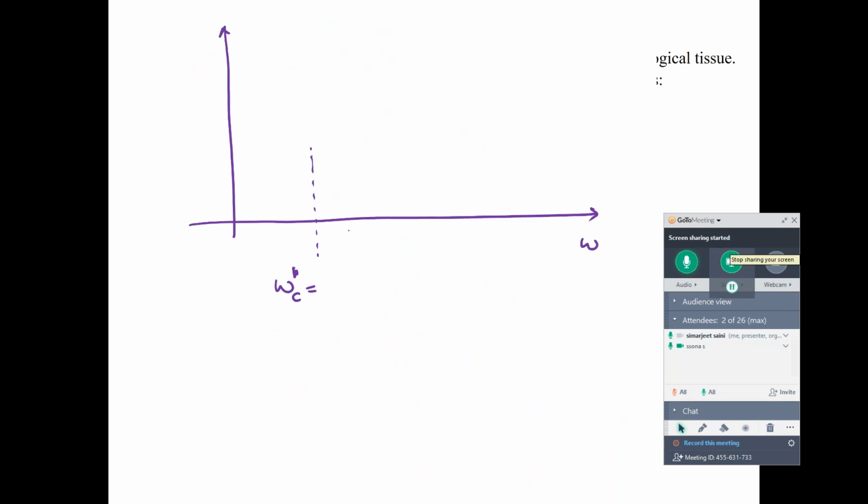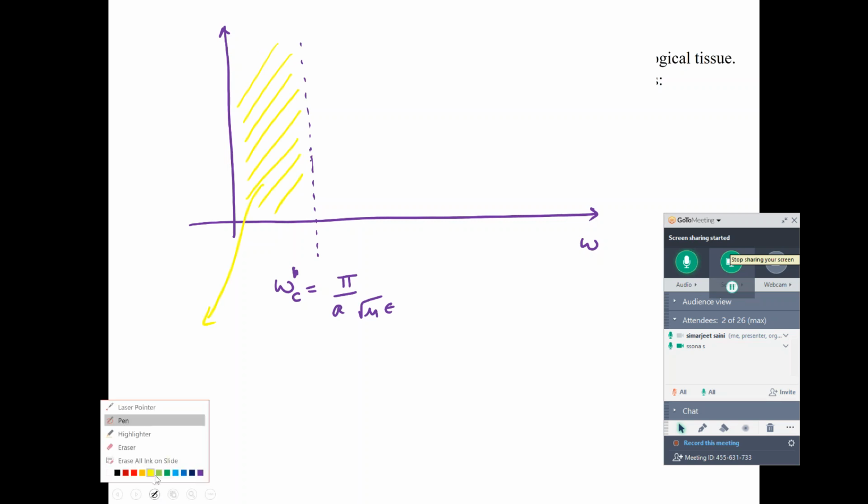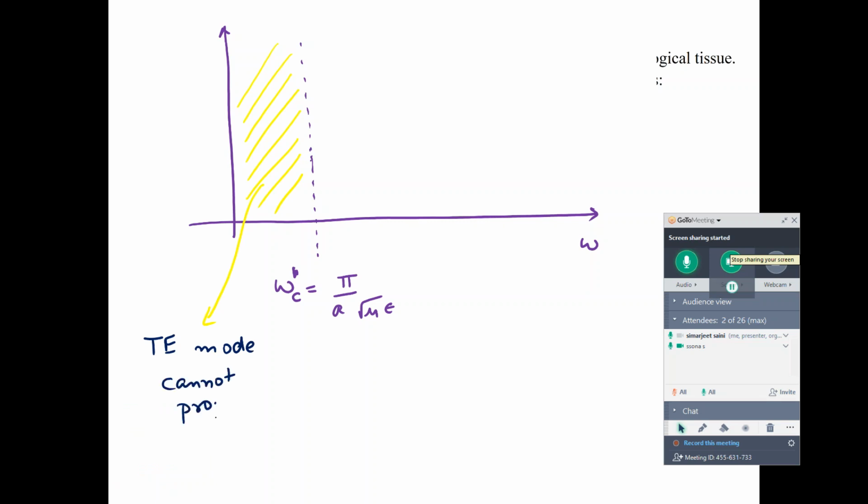So when this ωc is π/a square root of με, in the region below, the TE mode cannot propagate. There is no transmission happening.